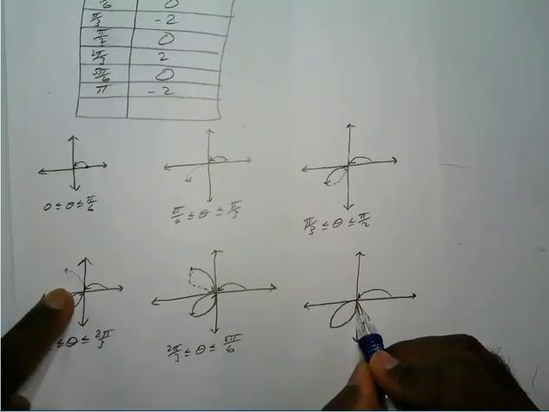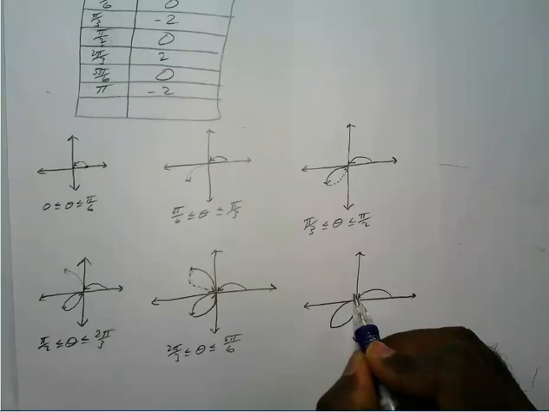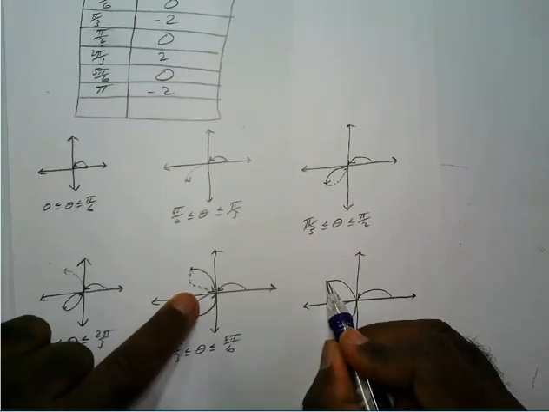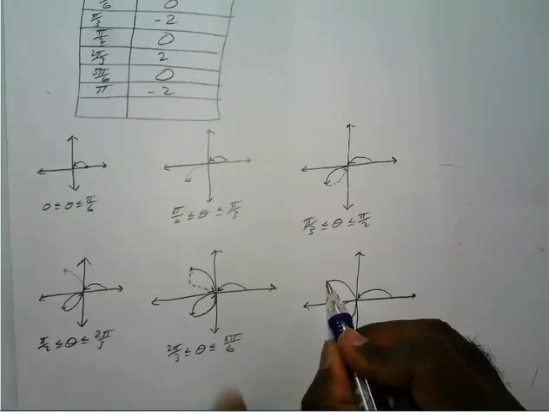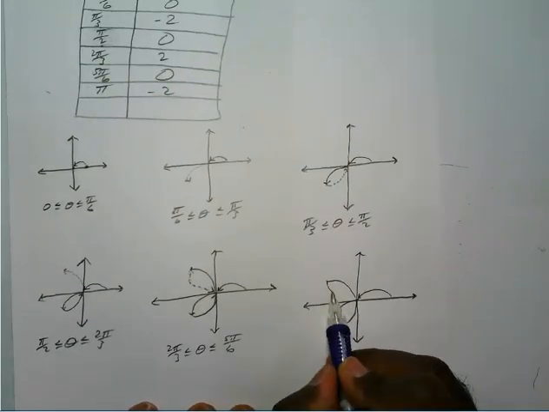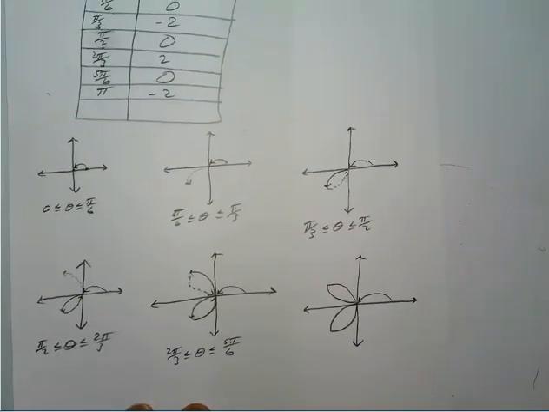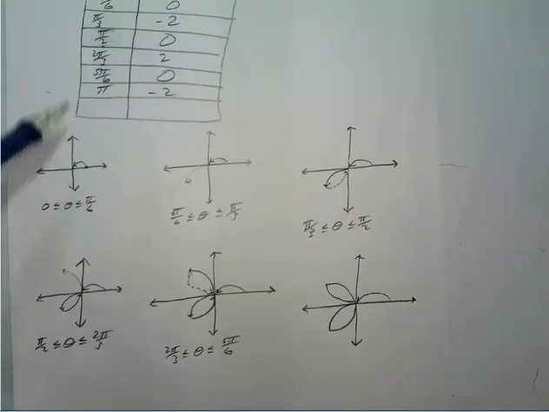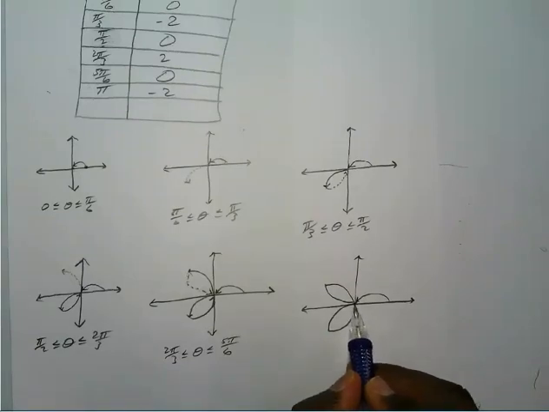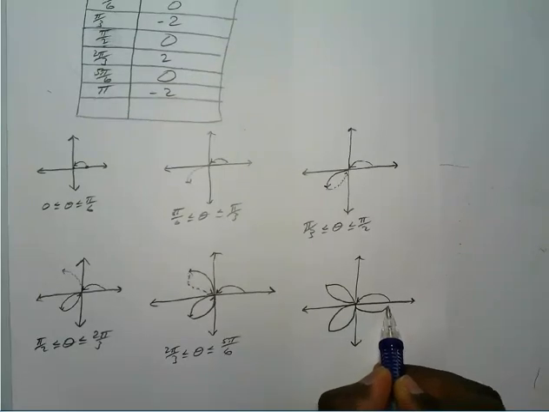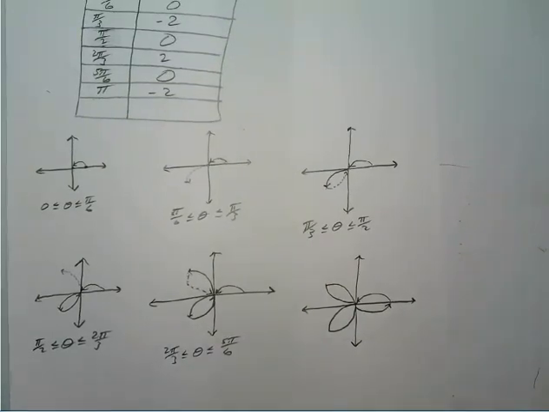Our fourth graph took us here. Our fifth graph, you can see between 2 pi over 3 and 5 pi over 6, took us right back to 0. You can see from 5 pi over 6 to pi takes us from 0 to -2. Okay, which takes us right there.